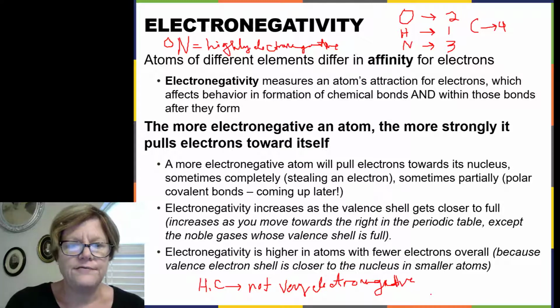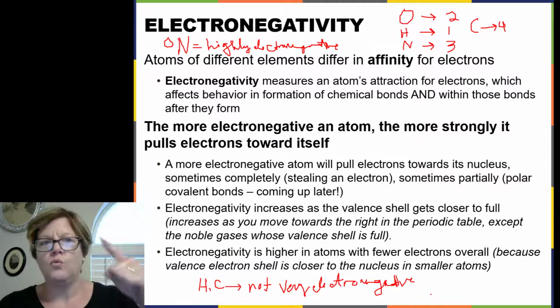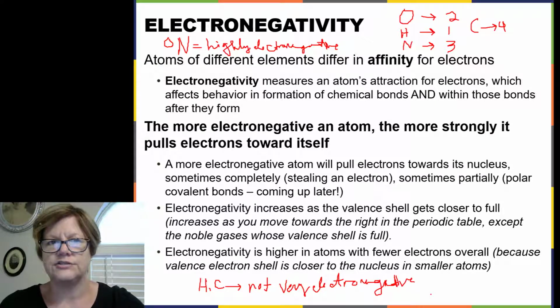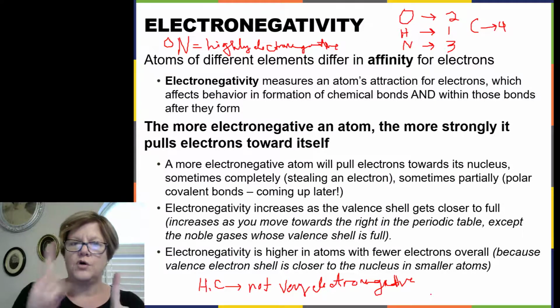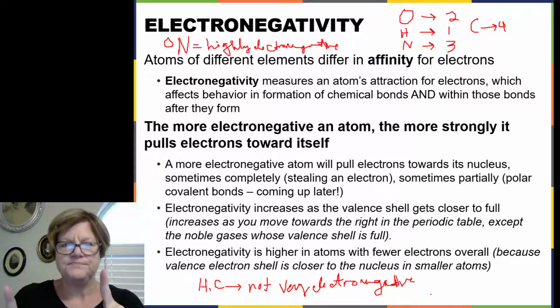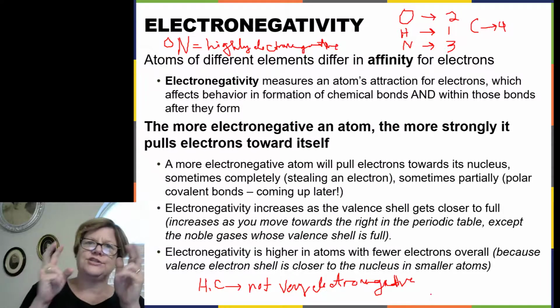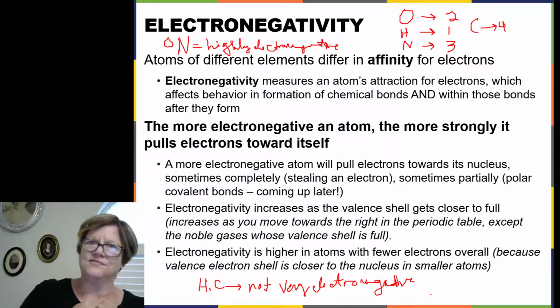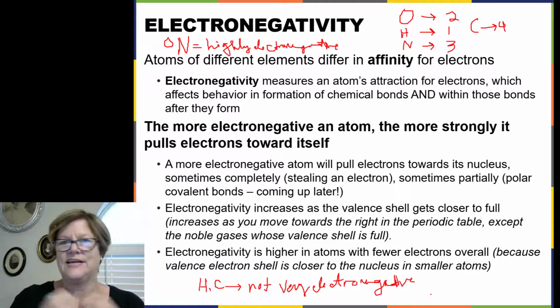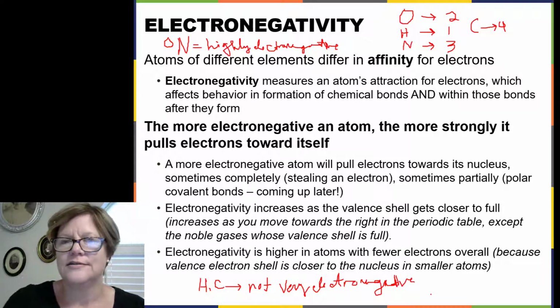So if you have a covalent bond that forms between one atom that's very electronegative, oxygen or nitrogen, and one atom that's not so electronegative, like hydrogen and carbon, the greedy one will hog the electrons more to itself. It pulls them around itself more.